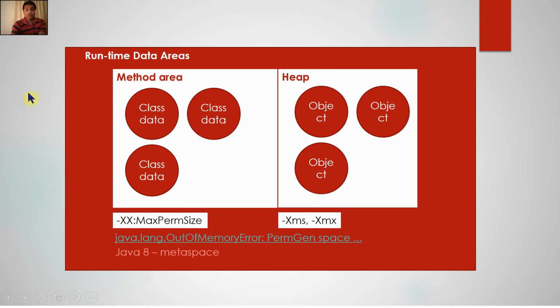Now coming over to the next runtime data area, which is heap. Heap is a very popular memory area in the JVM, and you would have come across a lot of things to do with heap, like OutOfMemoryError for heap, etc. A lot of people might have seen it in their life. Heap is the place where object data is stored.